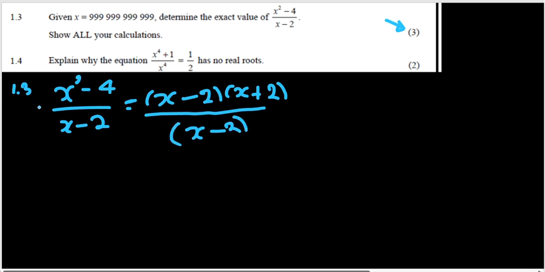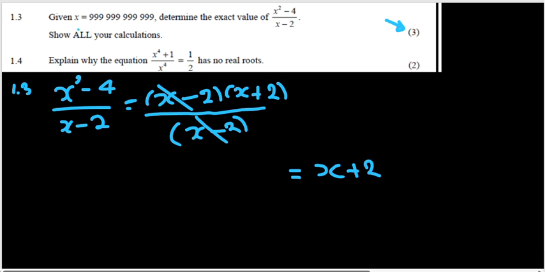So I'm factorizing the numerator, because it is simple. It is what will drive me to a simple answer for these 3 marks. And you can see now that the common factor x minus 2 is eliminated from the expression, which gives us x plus 2, right? x plus 2.